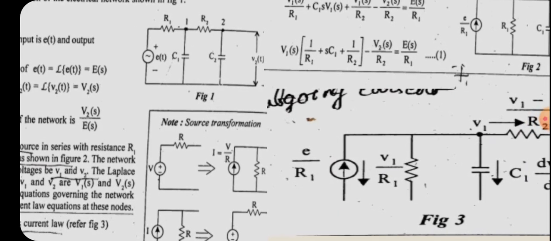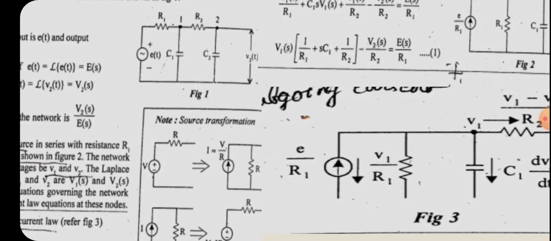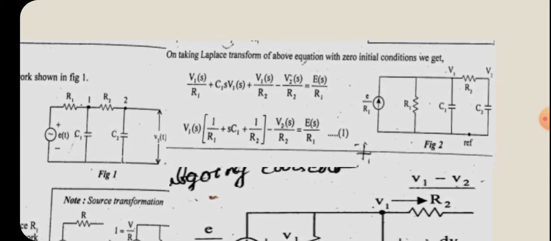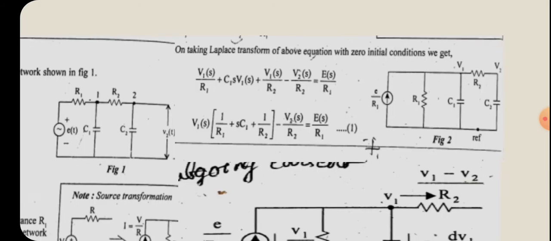So what is the next step? Once we have the differential equation, we can apply the Laplace transform on it. On taking the Laplace transform of the above equation with zero initial conditions, we get V1(s) by R1 plus C1 into s into V1(s) plus V1(s) by R2 minus V2(s) by R2 equal to E(s) by R1.